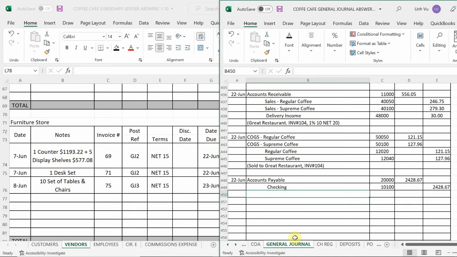Payment to who? Furniture store. Payment for what?